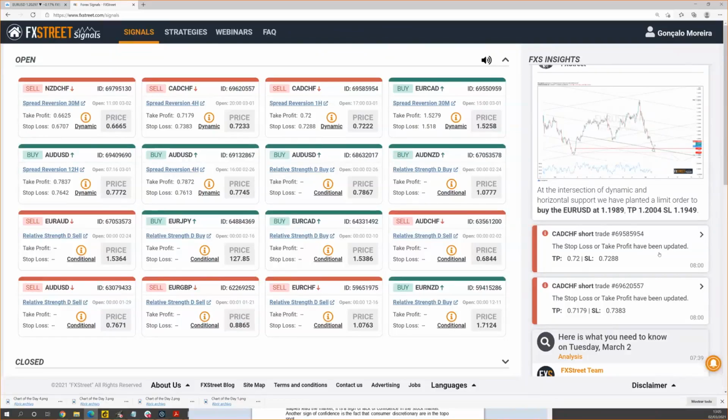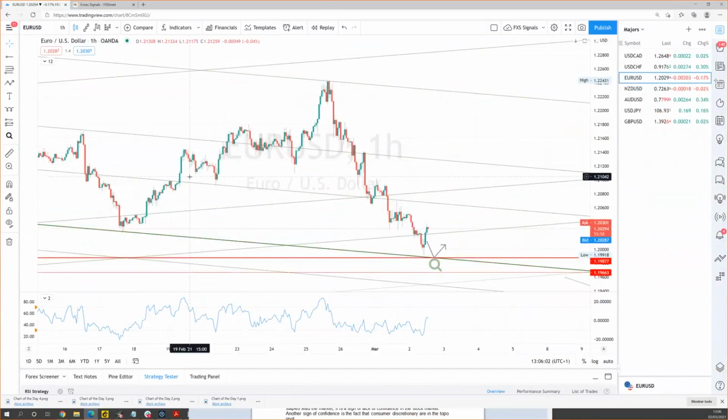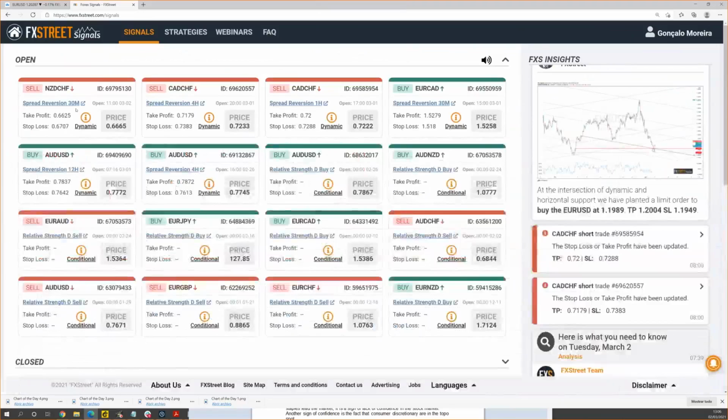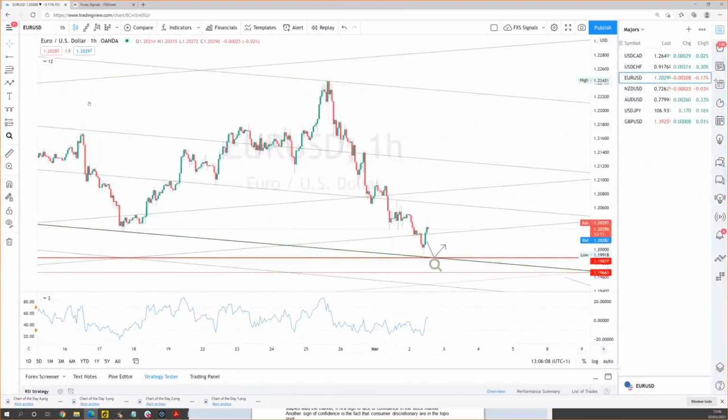We'll chart the markets and we identify different types of entries and different types of opportunities. We also may take some of the signals which are automatically generated. We contextualize them on the chart, and we explore the risks and the chances for that trade to close in a profit.